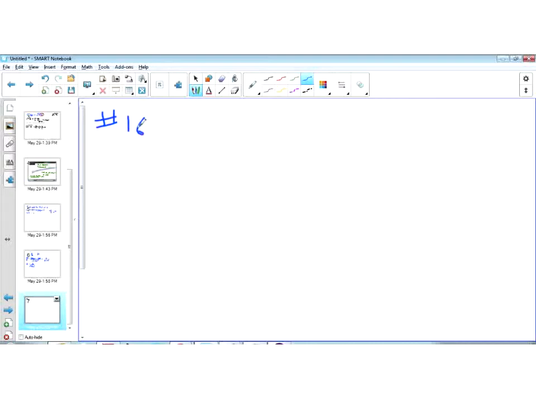We're given this information. We're given y is equal to cosine of pi x, and we're given x is equal to 1/3. And we're given that the differential of x is equal to negative 0.02.